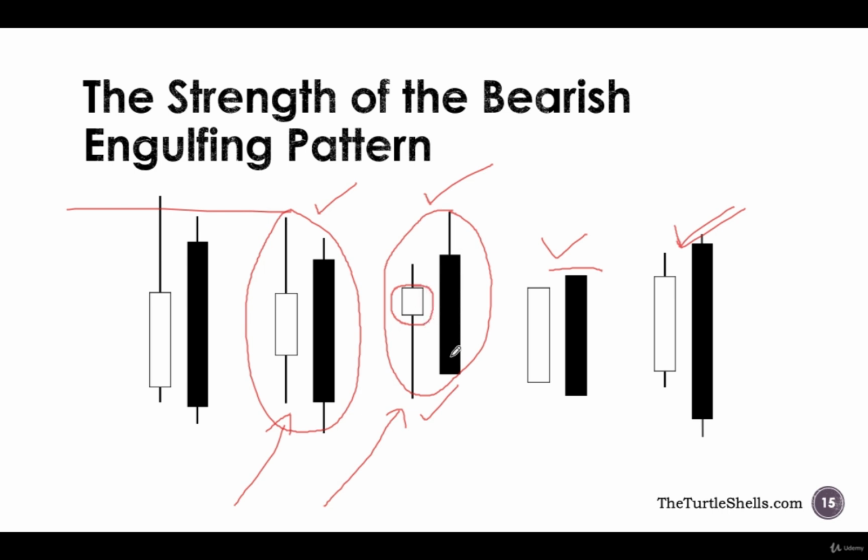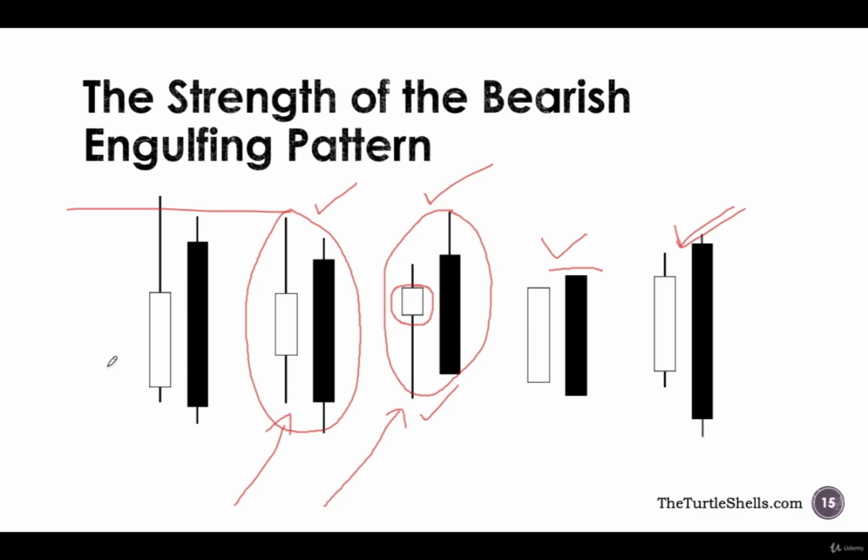And the taller the black real body, the better. So it all depends on the market context. That is why we are doing multiple examples in this program, where we get to see in what context we apply this important knowledge.